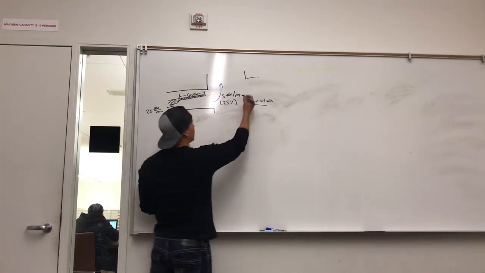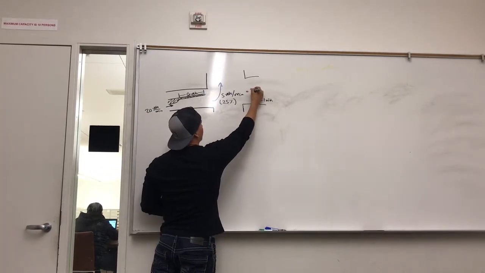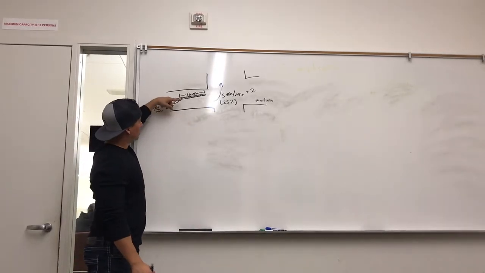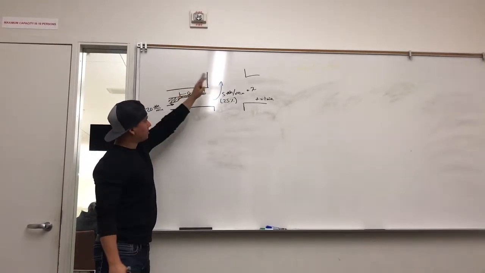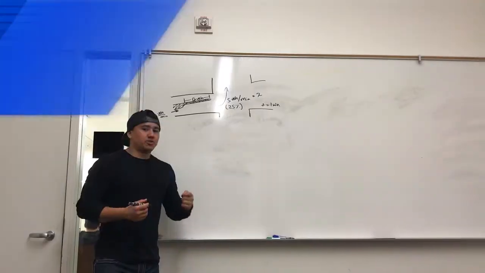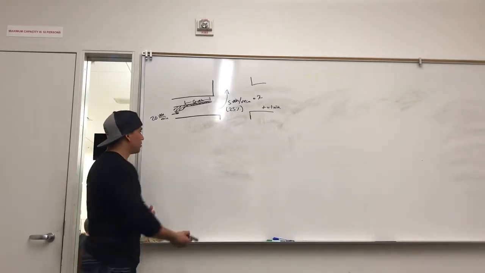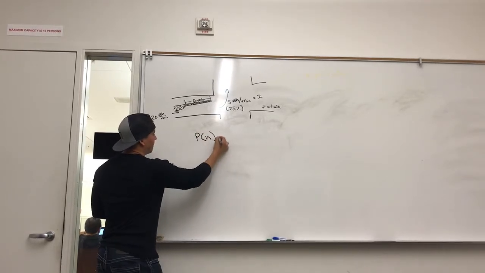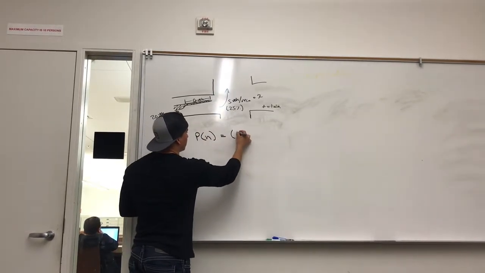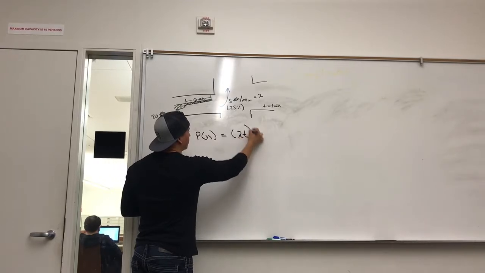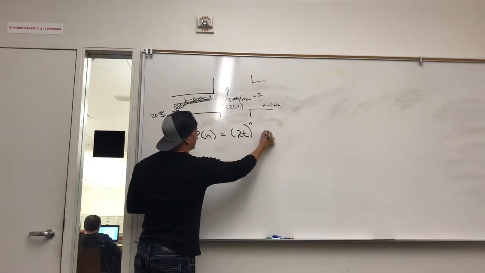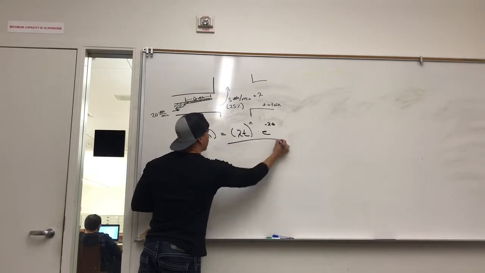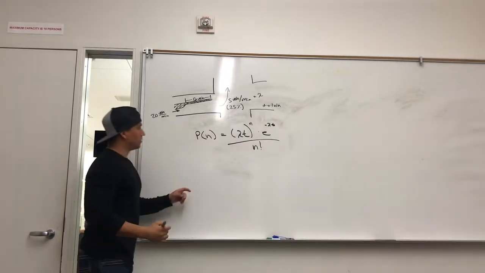So our lambda here would be the 5 vehicles per minute, because those are the cars that will be turning left. So then we would use Poisson's formula, which is Pn equals (lambda t) to the n times e to the negative lambda t over n factorial.